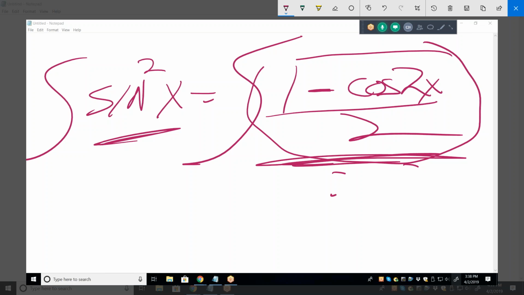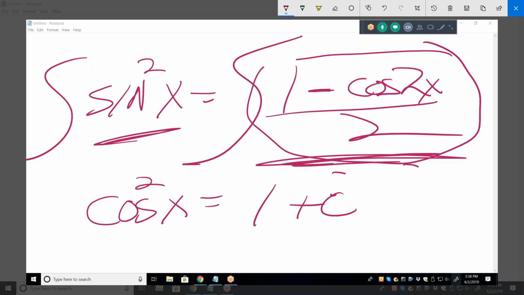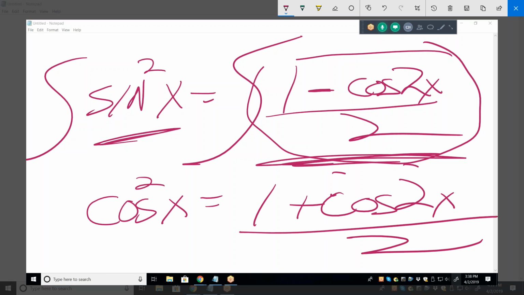There's another one for cosine squared of x, which is 1 plus cosine of 2 theta over 2. Yes, sir. And same thing, I don't know how to integrate cosine squared x, but I can easily integrate the thing that's on the right. So that's the only real usage there.